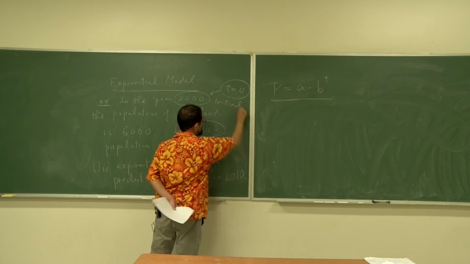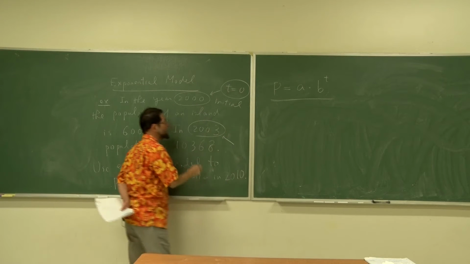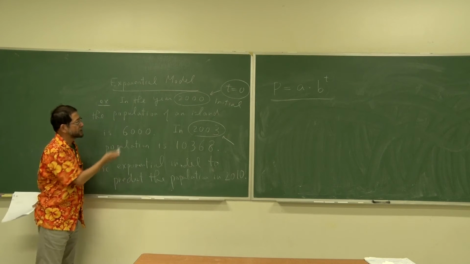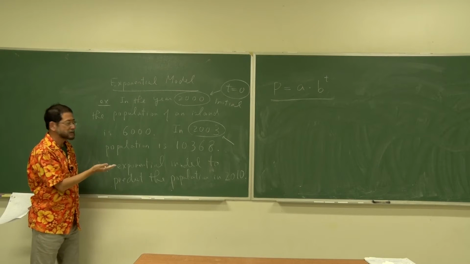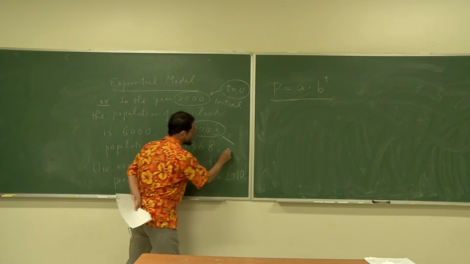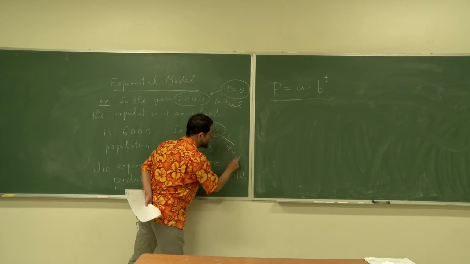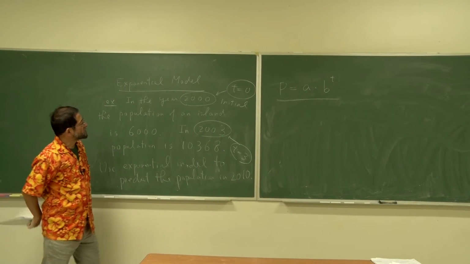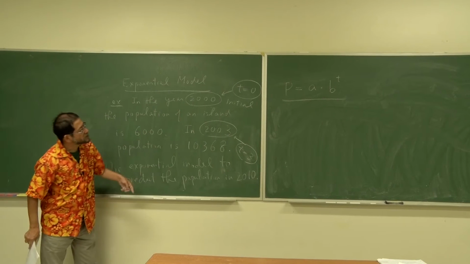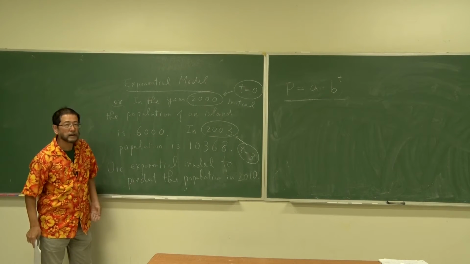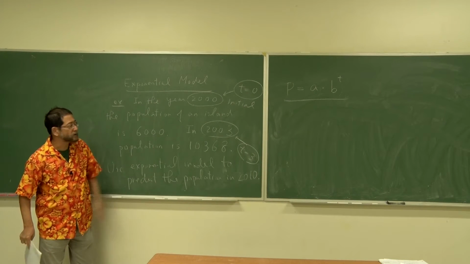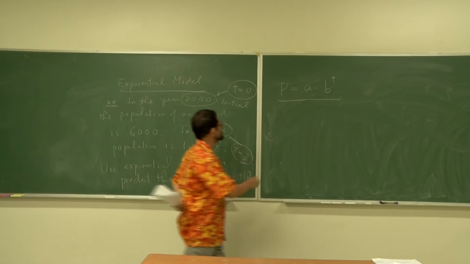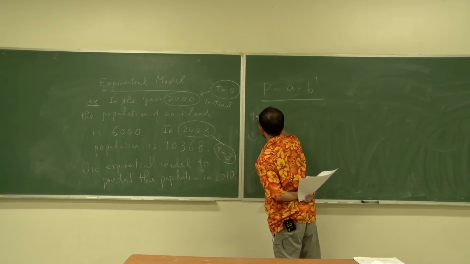Then 2003 corresponds to t is equal to 3, 3 years later. So instead of this huge number, let's use t equals 0 and 3 to find the formula.